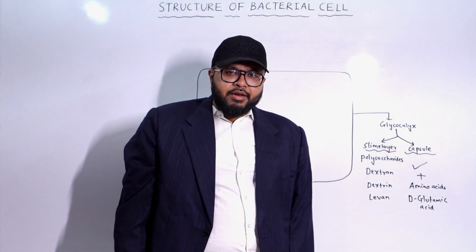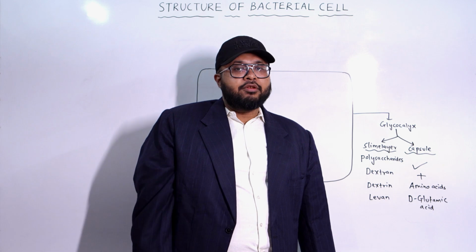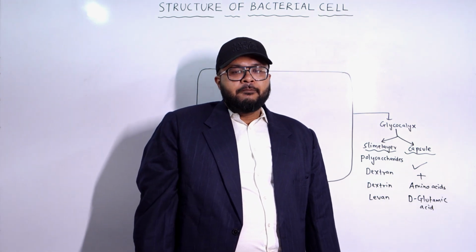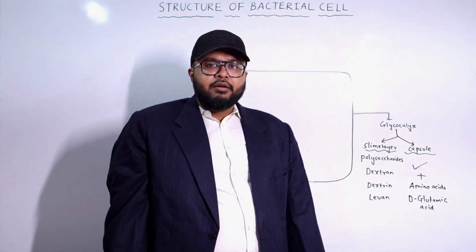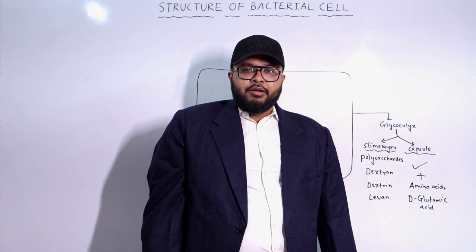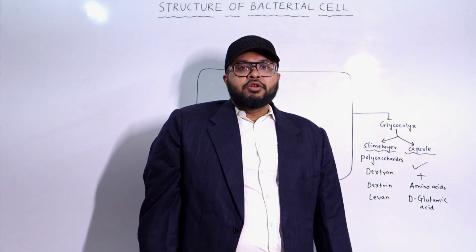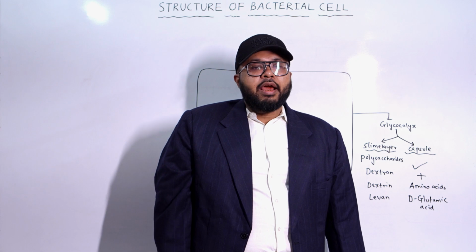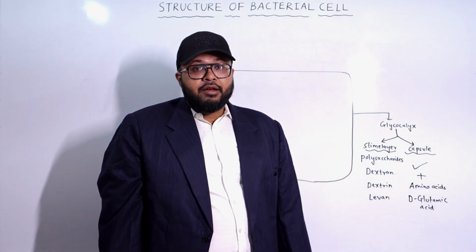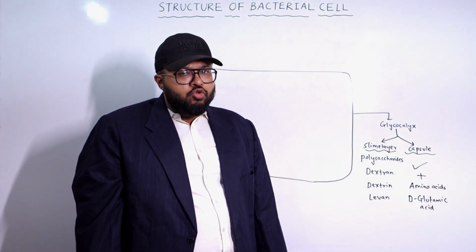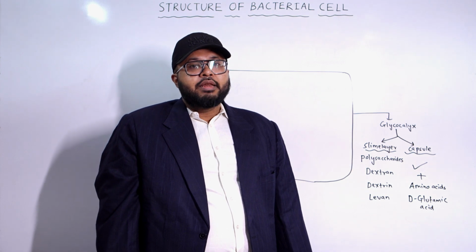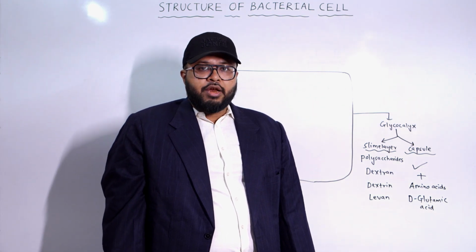On the basis of staining techniques, two types of bacteria are recognized: gram-positive bacteria and gram-negative bacteria. The bacteria that retain the gram stain are called gram-positive bacteria, and the bacteria that do not retain the gram stain are called gram-negative bacteria.